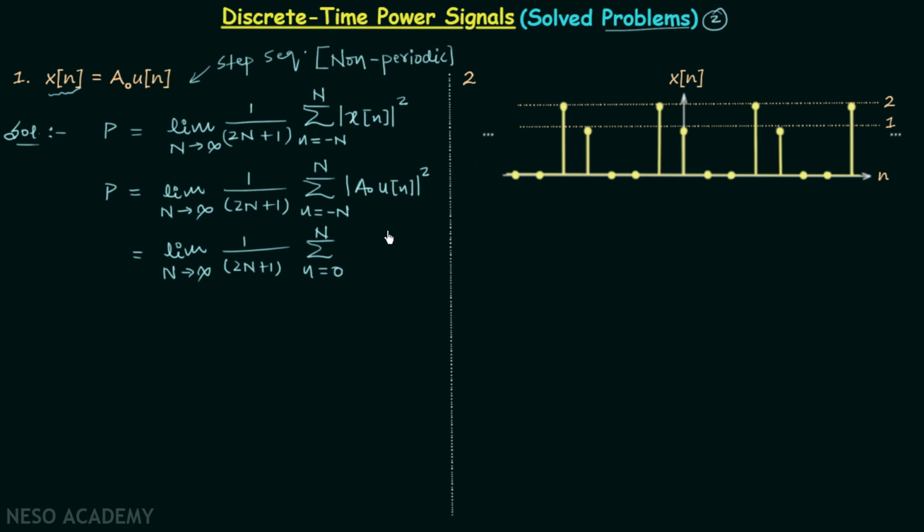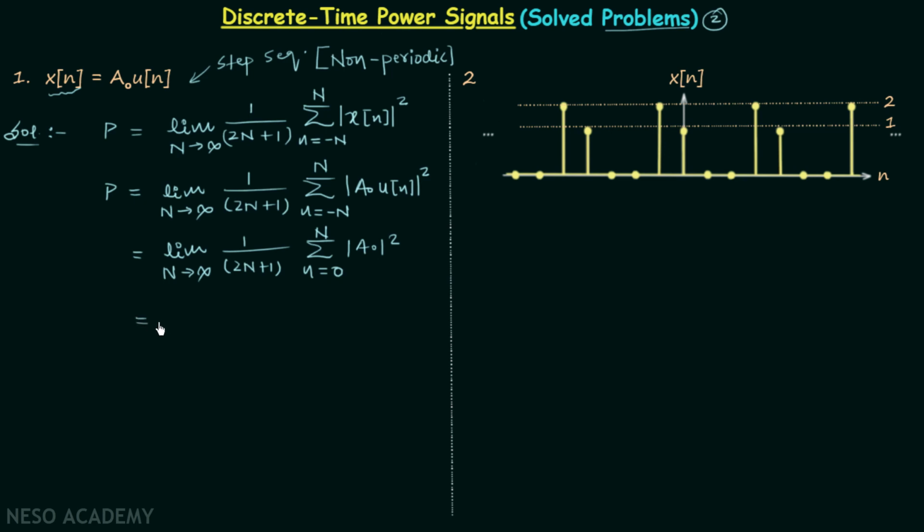Therefore, from minus infinity to minus 1, when we multiply u[n] and a0, we will have 0. Therefore, we are simply considering a0, and we are performing the summation from n equal to 0 to n equal to plus n, because we will have the result of summation equal to 0 from n equal to minus infinity to n equal to minus 1. So this is what we have, and modulus of a0 will be equal to a0.